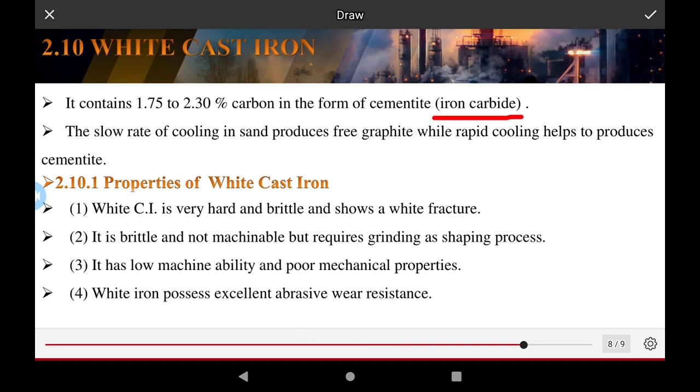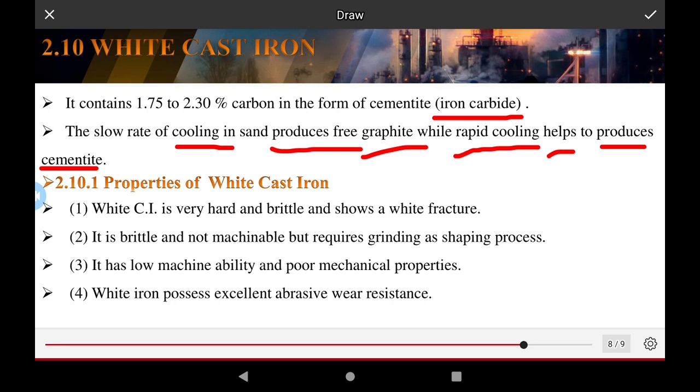A slow rate of cooling in sand produces free graphite, while rapid cooling produces cementite.